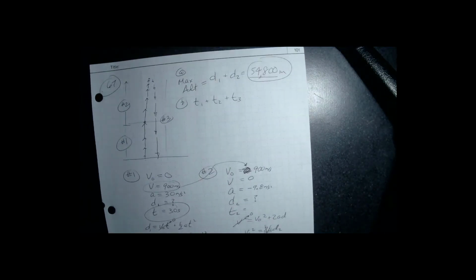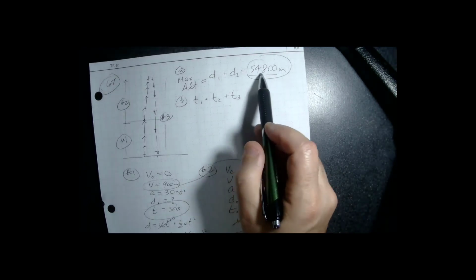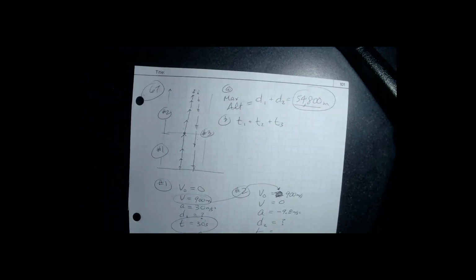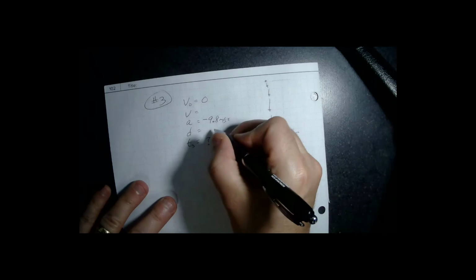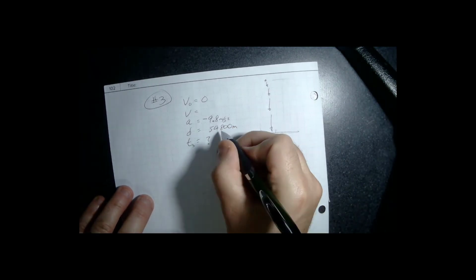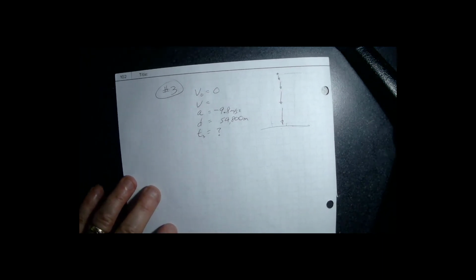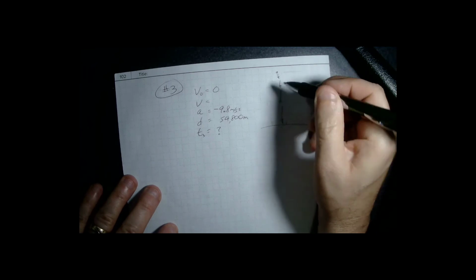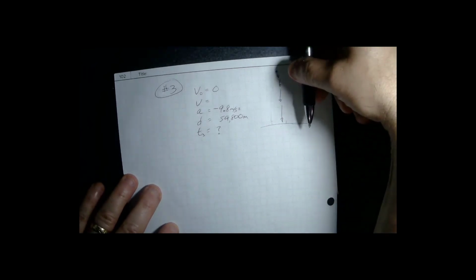Generally in physics, we just round everything to 3 sig figs, so we can round it there and not have to keep carrying all those extra digits along the way. So we now know how high it is. Well, that's how far it's going to fall. 54,800 meters. But notice I said that it's going to fall that far. Its displacement is down. It's negative.